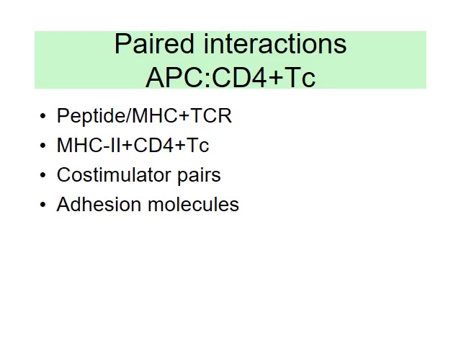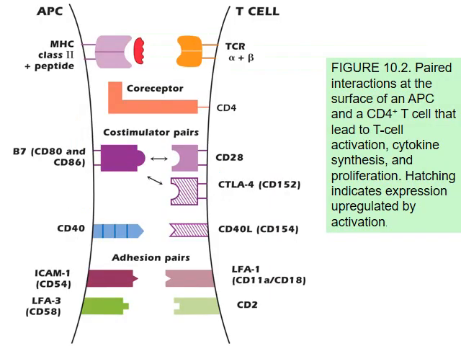If you notice, it said B7. So B7 is a very important co-stimulatory molecule. And then again, adhesion molecules to make sure that the cells move in the direction they need to move. Okay? So we already had this discussion. That will be a little bit of a recap of what I already told you.